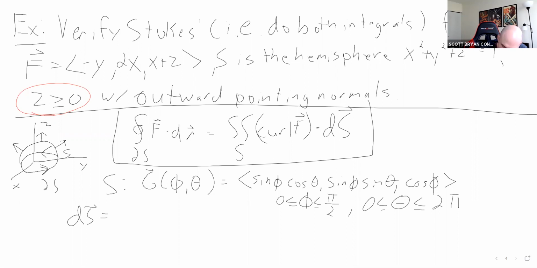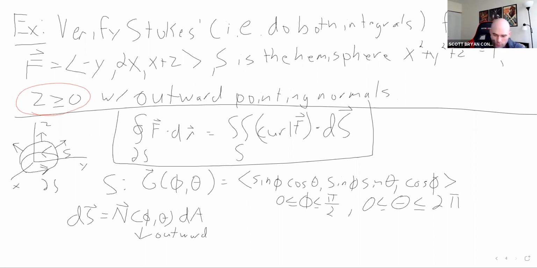We also need, we know dS is equal to n of phi theta, the normal vector. So remember, it's either g sub phi cross g sub theta or negative of that. And remember, we know the rule for the outward pointing normal.